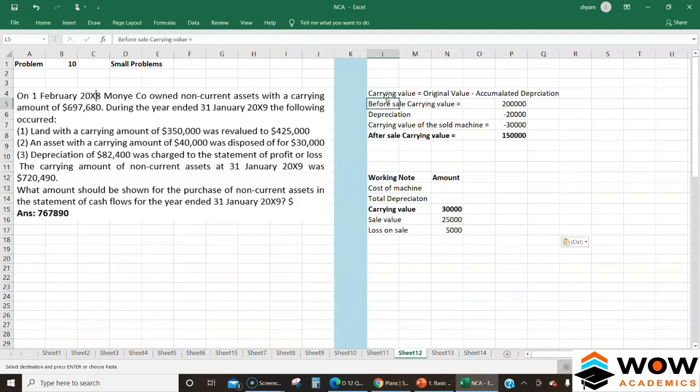See, the opening carrying value, we can't put it before sale, after sale. We'll put it as opening carrying value, and we will have it as closing carrying value.